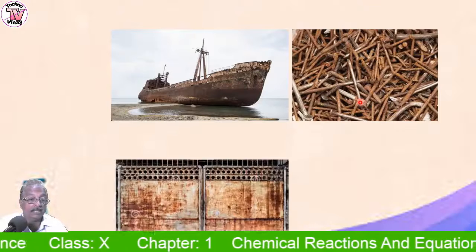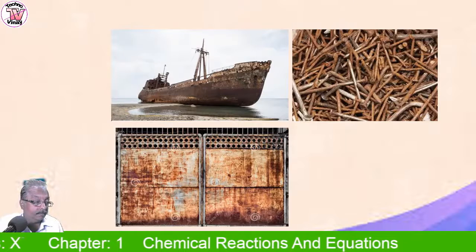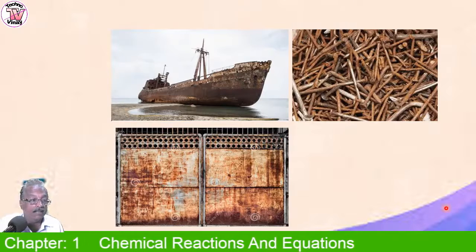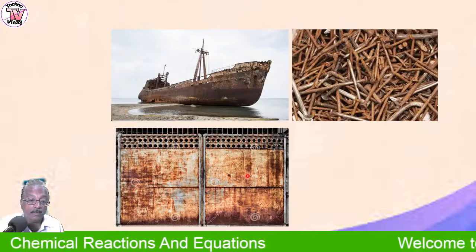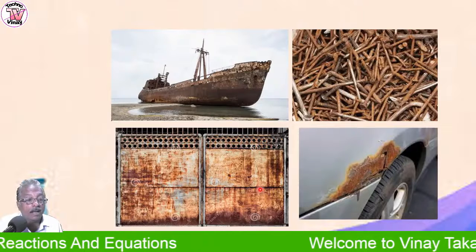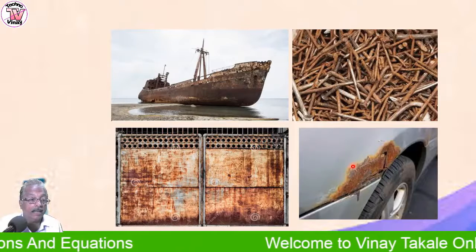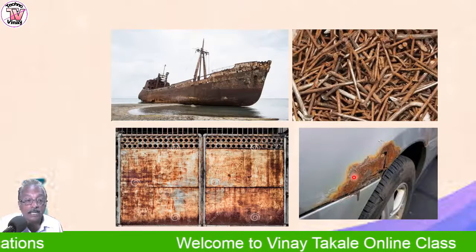Then gates, ornamental gates. See these gates also, they get rusted. Then car, scooter, the metallic plate of this car and scooter turns reddish brown.